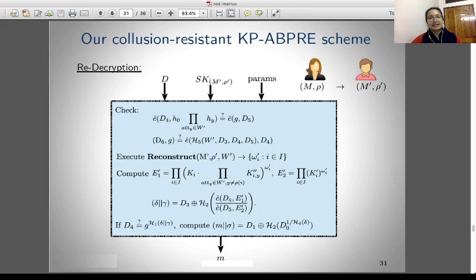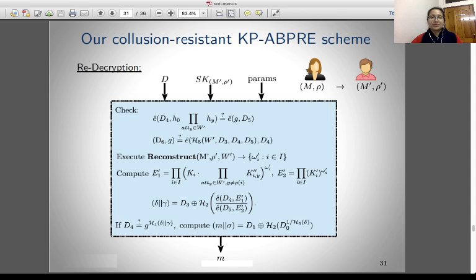Next, we have our re-decryption algorithm. It will take as input the second level ciphertext D, the secret key corresponding to M' rho', which is of a delegatee, and the public parameters.